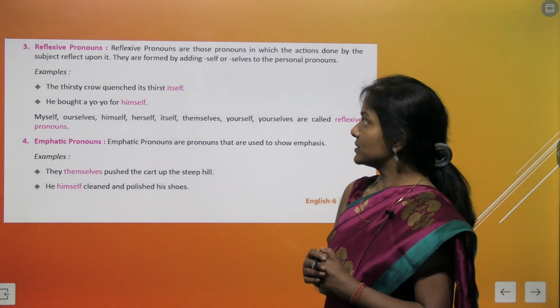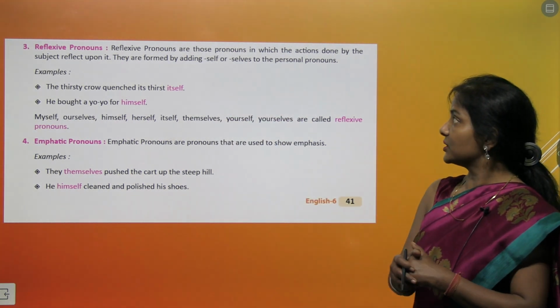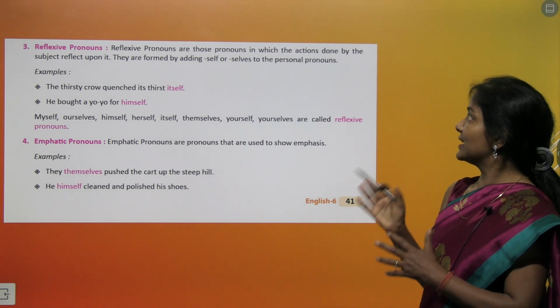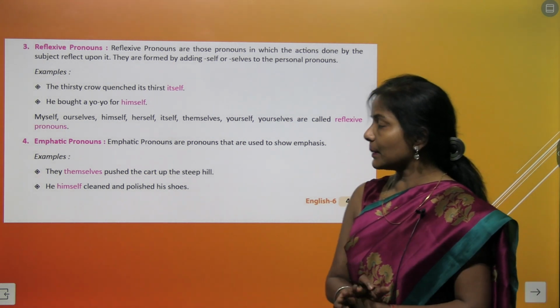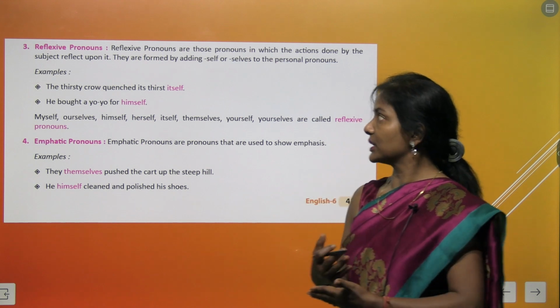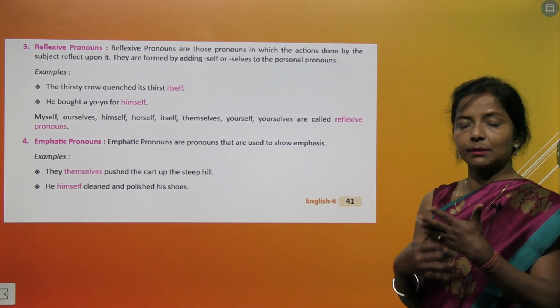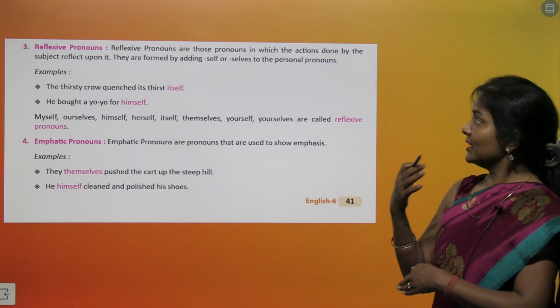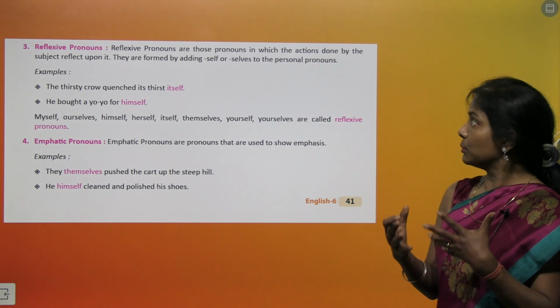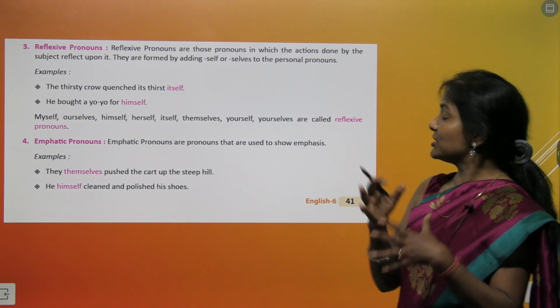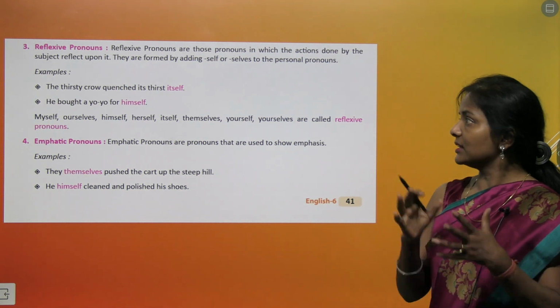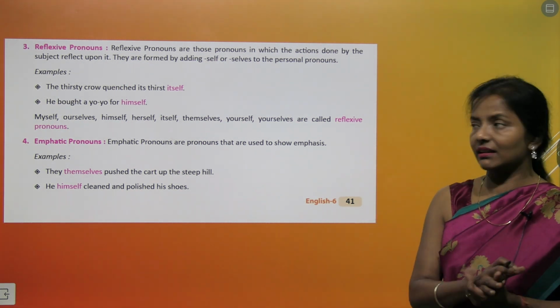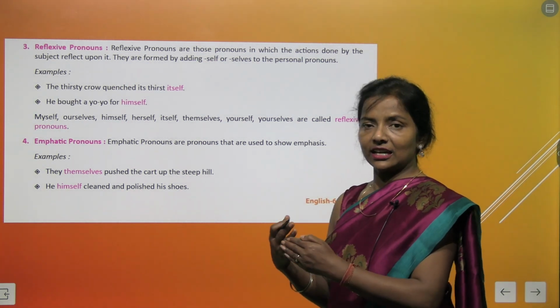Reflexive pronouns. Reflexive pronouns are those pronouns in which the actions done by the subject reflect upon it. Reflex का मतलब ही क्या होता है कि जो action subject कर रहा है वो reflect करता है.